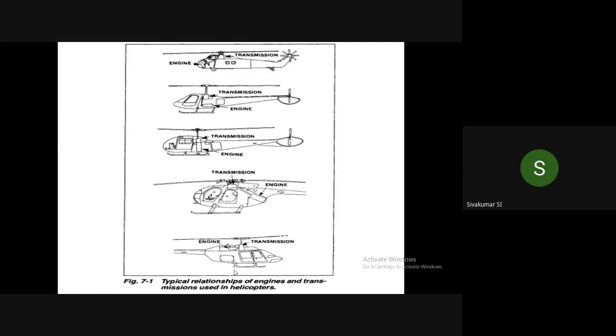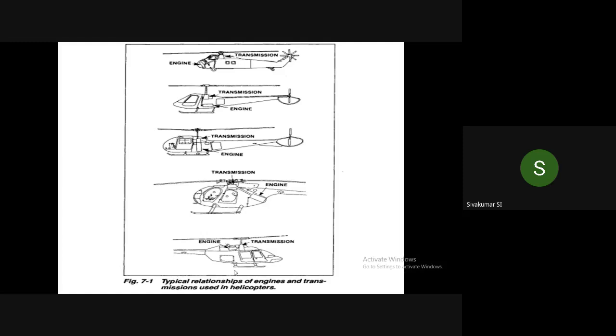In the Eurocopter in our university, in the hangar, two engines transmit the power to the transmission system, and from the transmission system the power is transmitted through the various gear mechanisms to the main rotor and tail rotor. So here in the third diagram, the vertical engine, and above that the transmission also vertical. So this is one of the modifications.